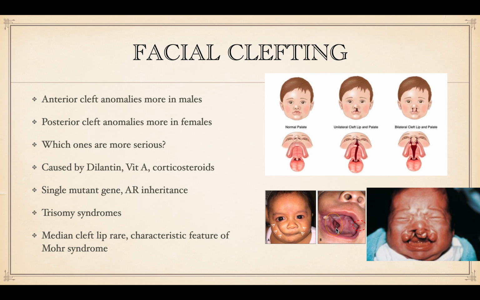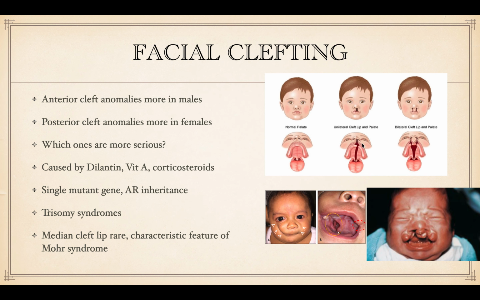It depends. An anterior cleft palate is problematic because the child can't feed correctly. How is the child to be able to latch onto the nipple when there's an opening here? A problem is that the milk might come out and go into the nose, and the child might aspirate.